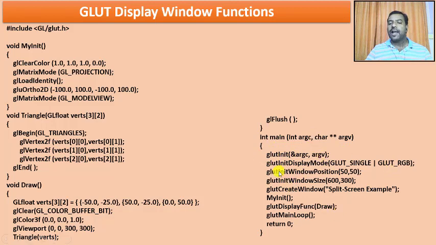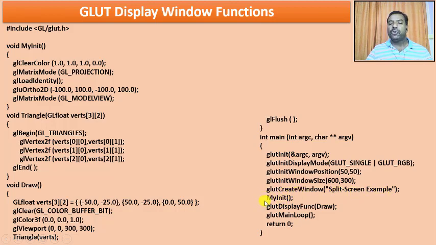Once this is done, I set the display mode, which should be single buffer and the RGB color model. The position of the window is 50,50, and the size of the window is 600,300, that is 600 in width and 300 in height. And I am creating my window, and the title I am giving is split screen example.